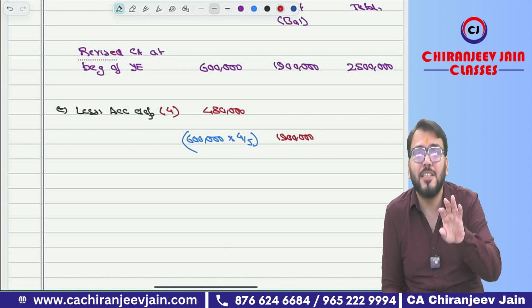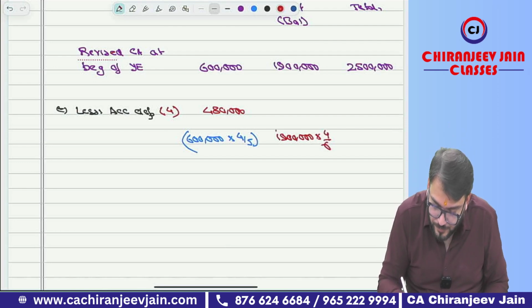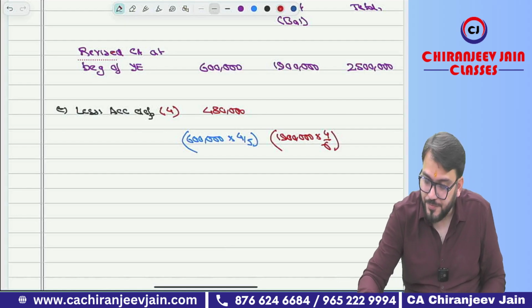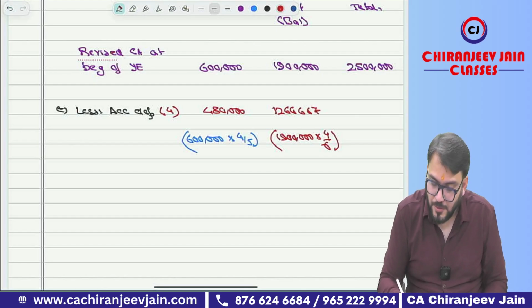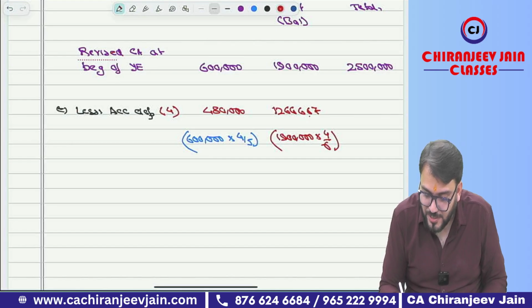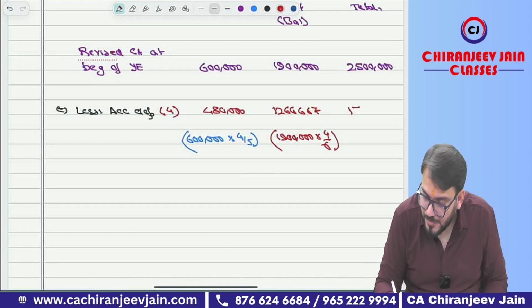So out of 10, 4 was expired. So now it is 6 year. We will do 4 by 6. 19 into 4 divided by 6 is equal to 12 lakh 66,667. 12 lakh 66,667 plus 4,80,000. Total 17 lakh 46,667.